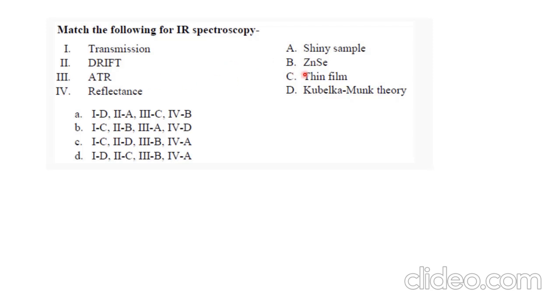Then in ATR we use a ZnS crystal, so it is the correct relation. Then reflectance is generally used for shiny samples because that gives very high reflectance, so that is a useful property in such a case. So 1D, then DRIFT, sorry, 1C and second D. So C is the correct answer.